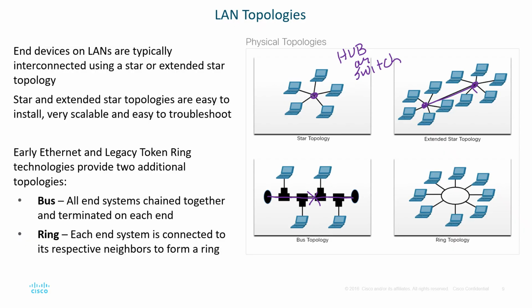In a ring topology, each end system is connected to its respective neighbor to form a ring. So they are daisy chained together. Does everybody understand what daisy chain is?